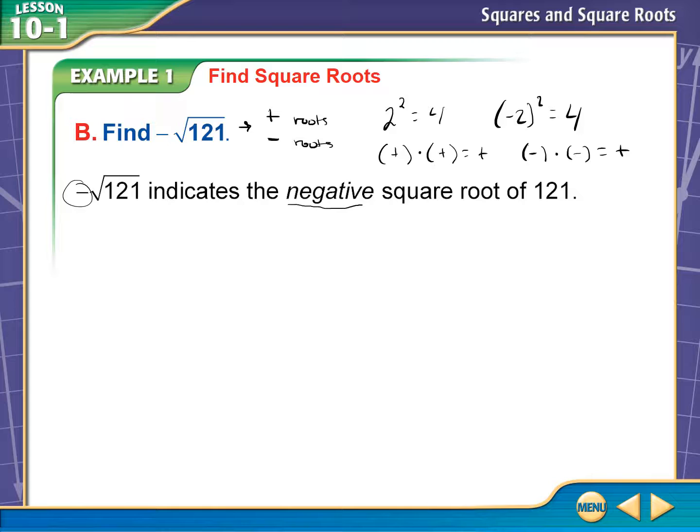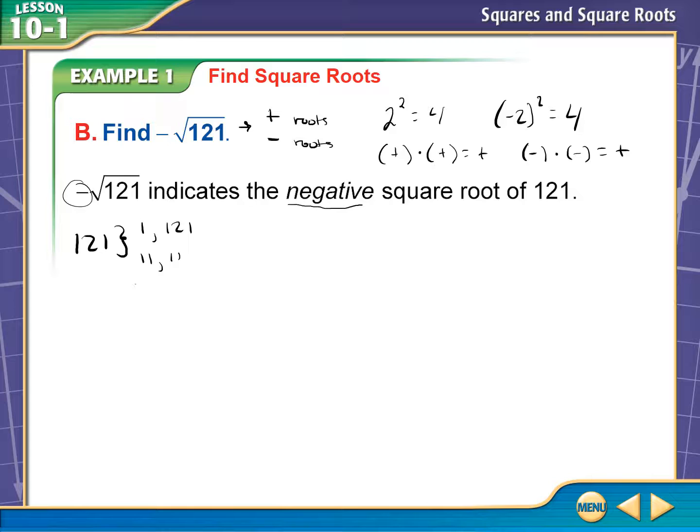Right? So I could have two numbers that are the same, multiply each other, both of them are positive, or both could be negative. So if I start with 121, I want to start listing out the factors of 121. Well, I know that's going to be 1 and 121. It could also be 11 and 11. But what else could it be?